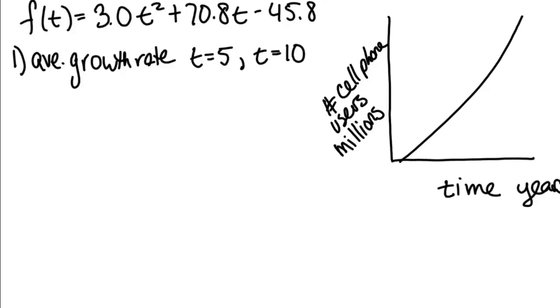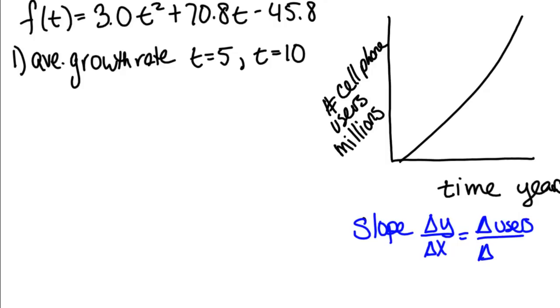And if we were trying to find an average growth rate, this is the same as finding a secant line, because if we were looking at our slope, it's a different color. So slope is change in y over change in x, which is the change in cell phone users over the change in years.